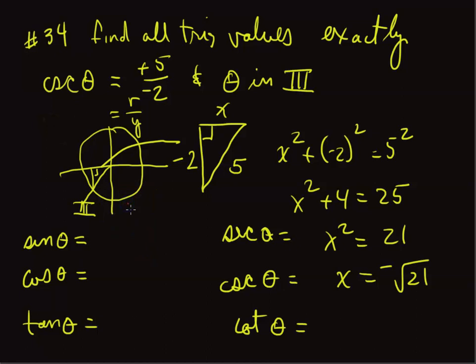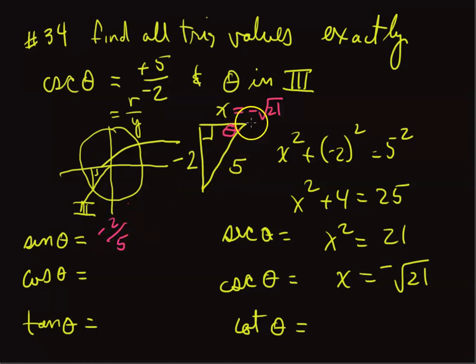So the sine, we can go back up here and say the sine must be the reciprocal of this stuff. But we can also go to the table. Remember, x is negative square root of 21. And the angle is right here, theta. So the sine is the opposite, negative 2 over the hypotenuse 5.